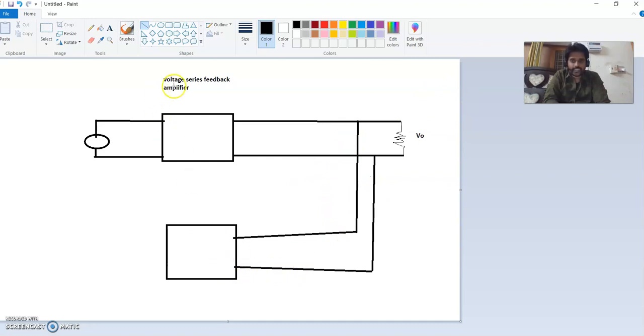Hence the first term is satisfied. Voltage is going to be sampled and the output from the feedback has to be clubbed in series, right? So in series the connection will be like this.